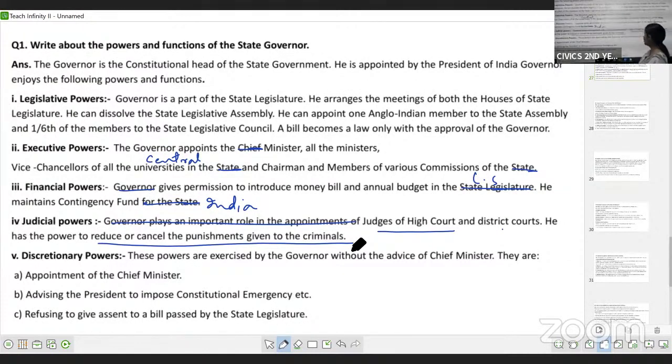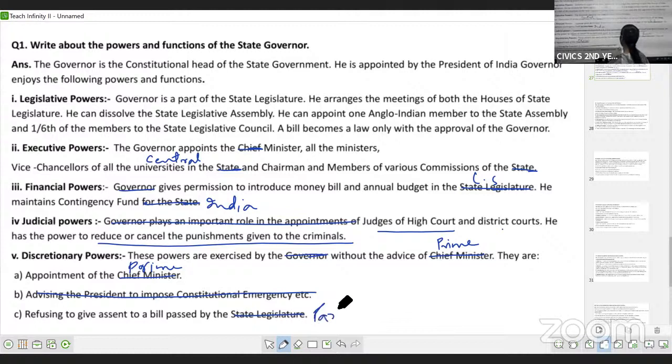Under discretionary powers, he enjoys these powers without the advice of the Prime Minister. He appoints Prime Minister. Then this is not required. He can refuse to give assent to the bills passed by the Parliament.